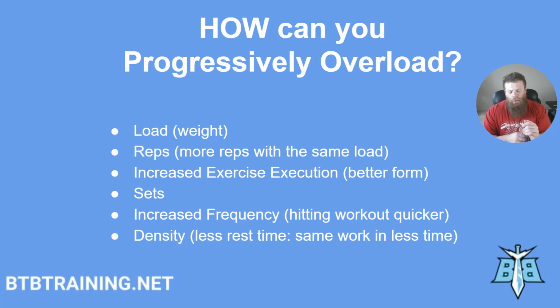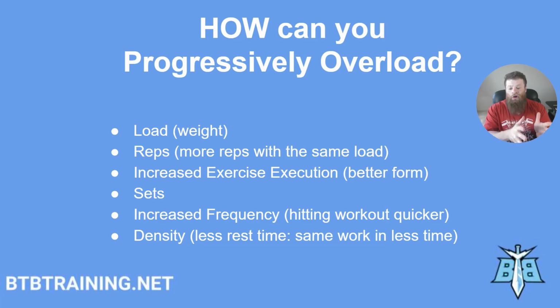So let's say that you were doing an upper lower split where you were training every other day: upper, rest, lower, rest. Instead, if you just bring those workouts closer together and go upper, lower, rest, upper, lower, rest, you then go from hitting those muscles every 4 days to hitting them every 3.